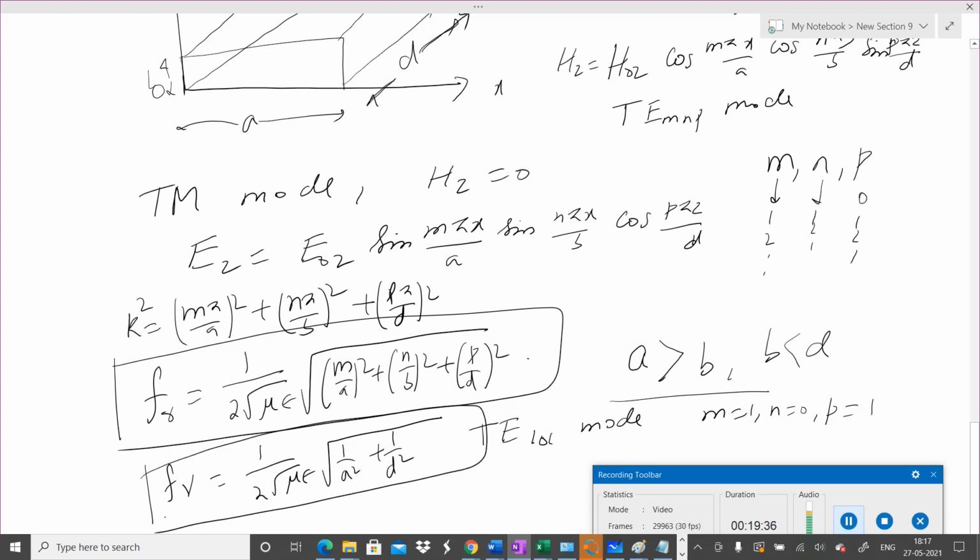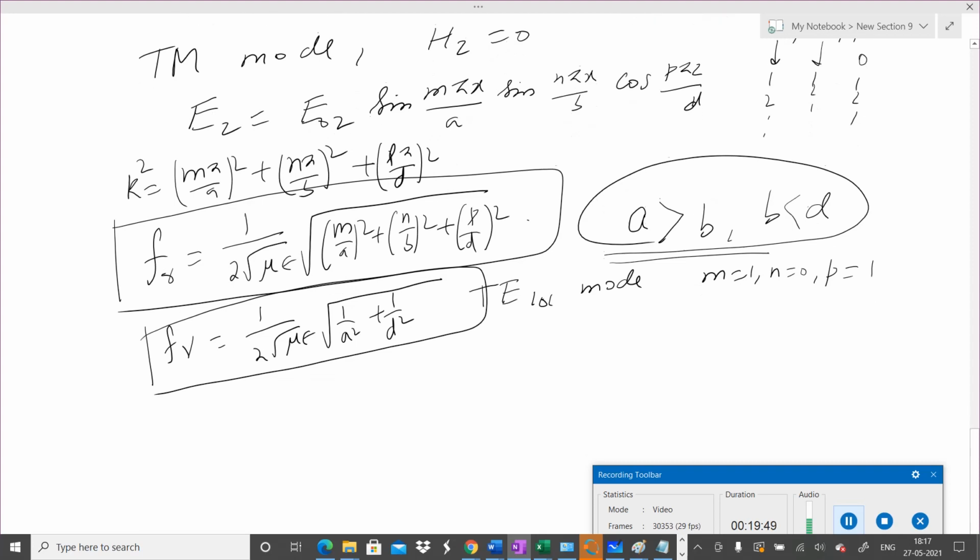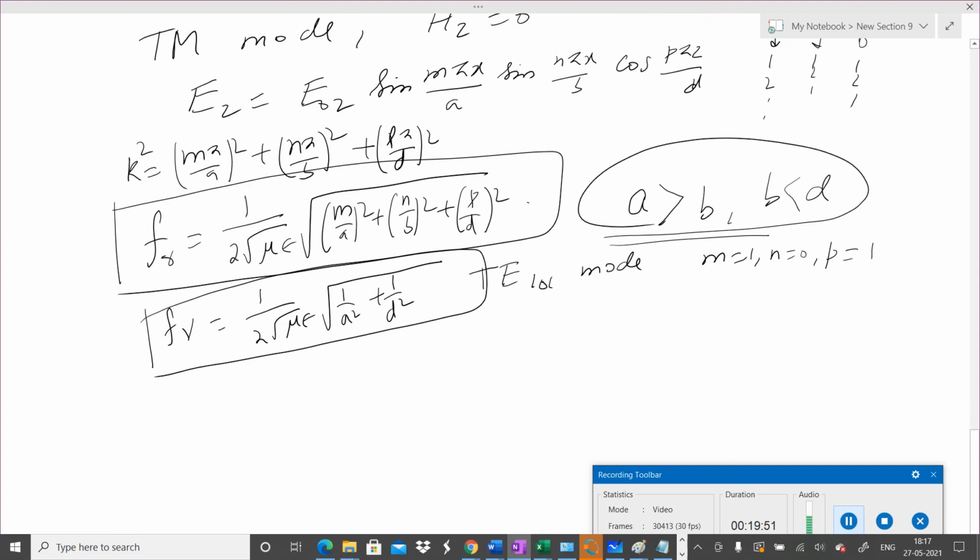So this will be the dominant mode if dimensions satisfy this condition. The derivation of these equations is exactly the same as in waveguides. You can solve the Maxwell equations for this resonator and you will get these equations easily.